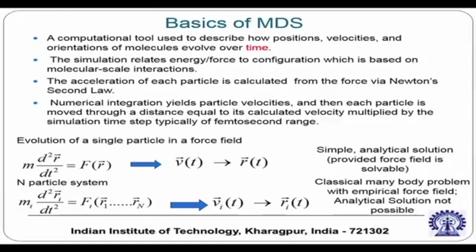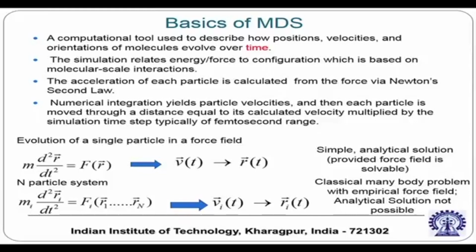So now when you write the resultant force, I will show you that we actually do not write the force directly, we write it as a negative of gradient of some potential, because potential gives the interaction between molecule with another molecule or an atom with another atom much more explicitly.